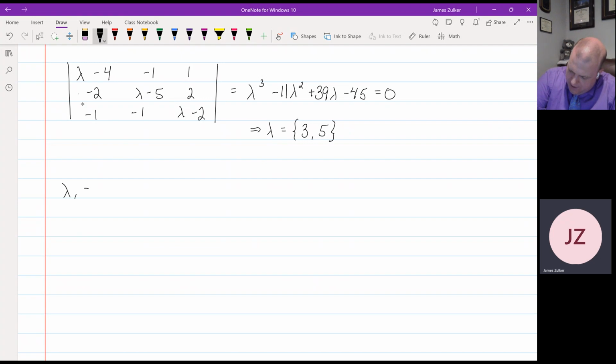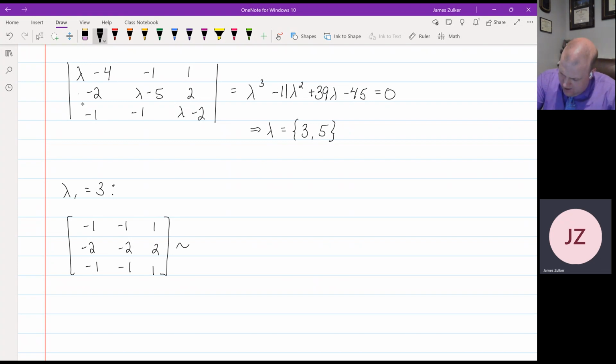Right, so let's tackle the first eigenvalue. We'll reduce this.